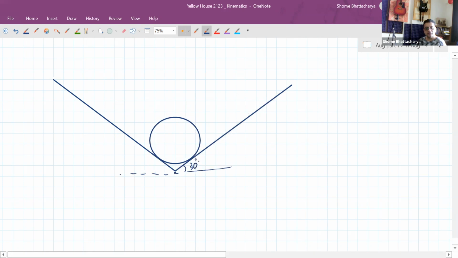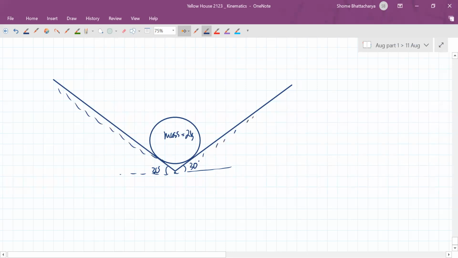This angle is 30 degrees. And this has a mass of something like, let's say, 2 kgs. Can you find the normal reaction force? Have you done questions of this type? No, sir. Normal reaction has not been done. Achha, normal reaction has not been done.